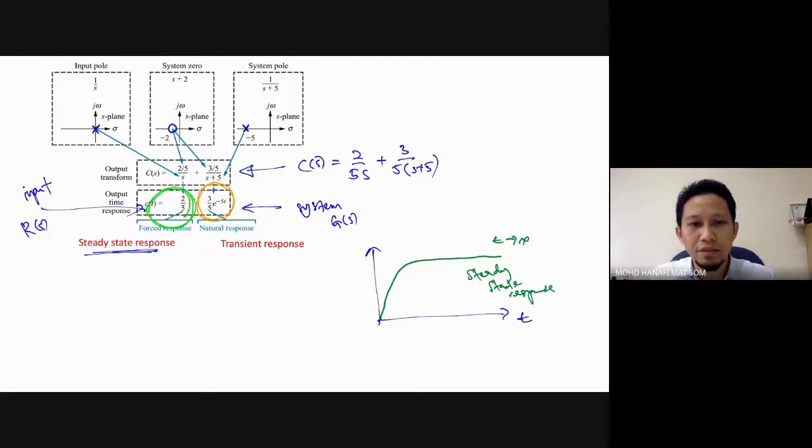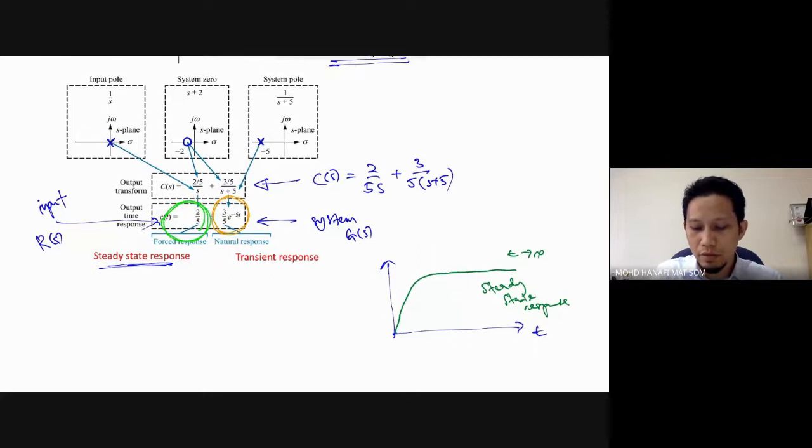The value of the steady state response is the forced response that is caused by the input. In between here, it is the transient response, which is caused by the system. The system you have here determines the transient response.